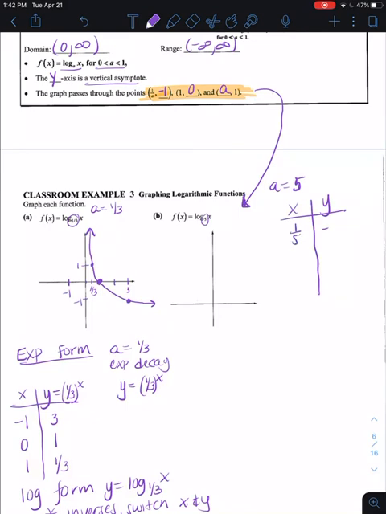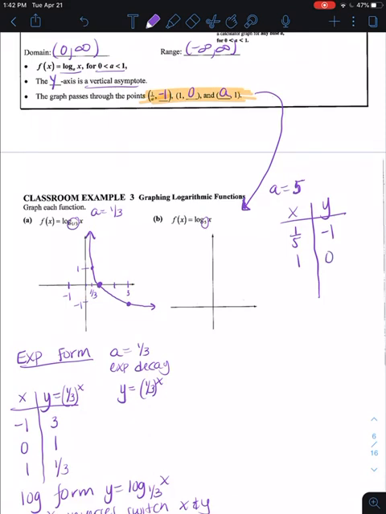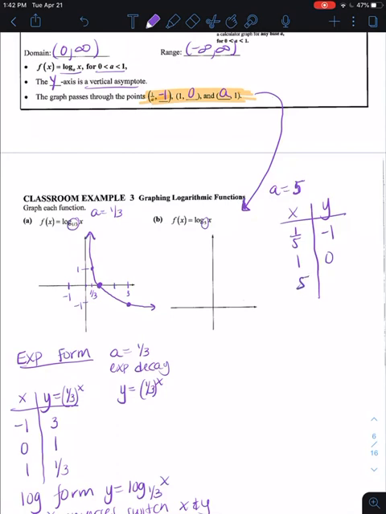So when x equals 1/5, my y value is -1. When x equals 1, the y value is 0. And when x is your a value, which in this case is 5, your y value is 1. So this is 1/a, this is just 1, and this is just a. And with those 3 points alone, I should be able to sketch the graph of this log function.